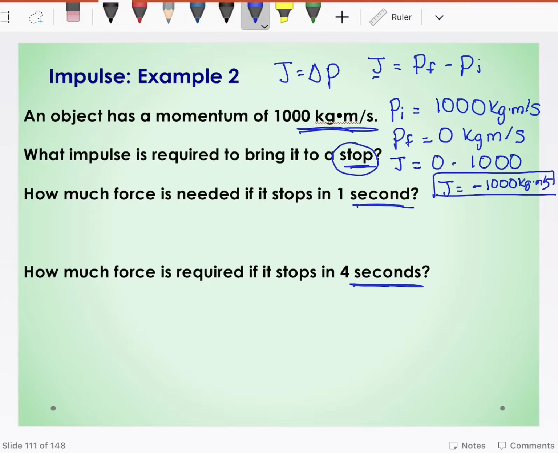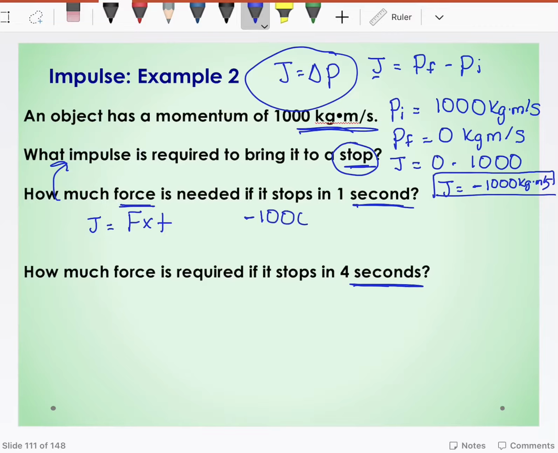Okay, so that's my first step, essentially converting that momentum into an impulse, based on this understanding that impulse is equal to change in momentum. Now, how much force is needed if it stops in 1 second? So now I have to jump that impulse value into the other formula, where impulse is equal to force times time. Now I have my impulse from the previous part.